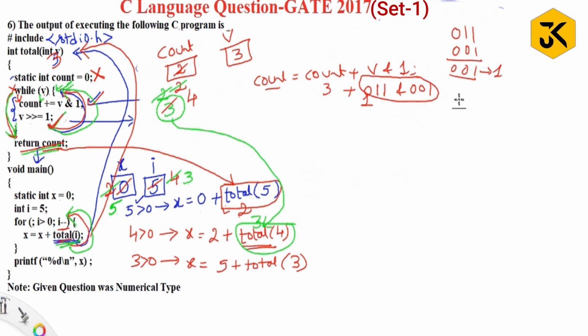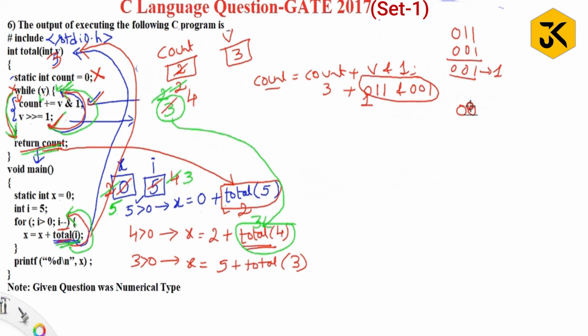V value is 3. If I right shift by 1, this will be discarded. This 1 will come here. This 0 will come here. Sorry, I made a mistake here.